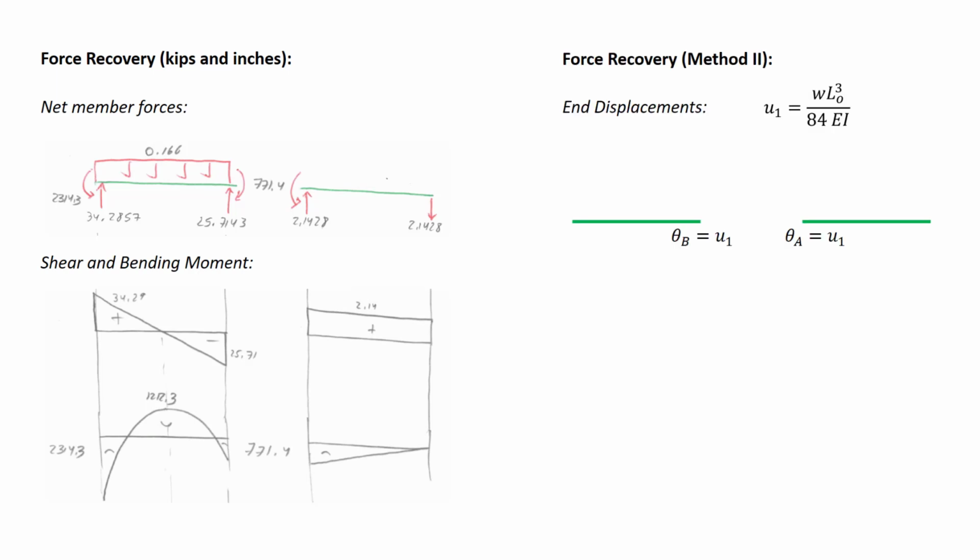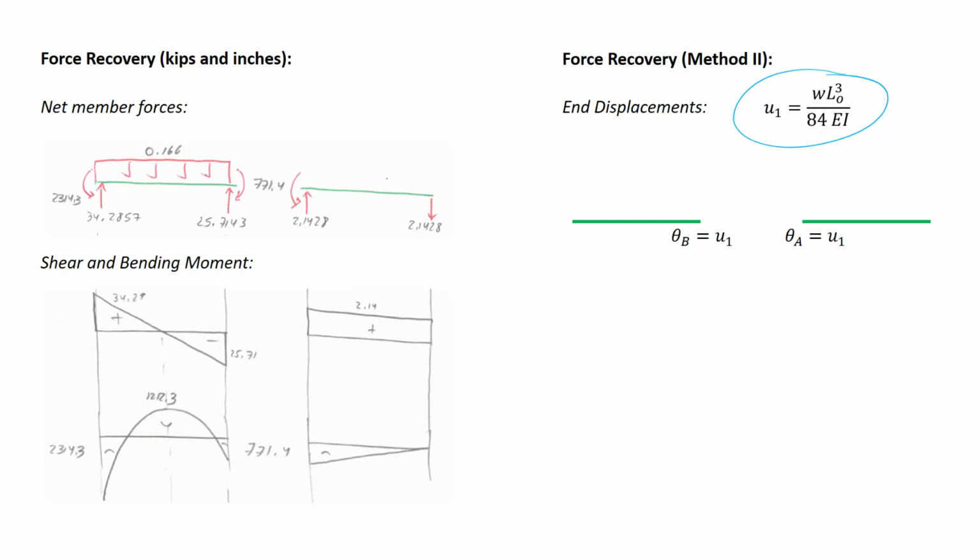In force recovery method number 2, we need to determine the displacements and rotations at the ends of each member. We'll start with our calculated value of our displacement vector u, which only has one term, which we previously calculated as WL cubed over 84EI. That determines the rotation at the center node.